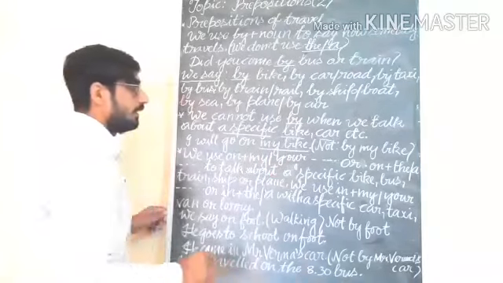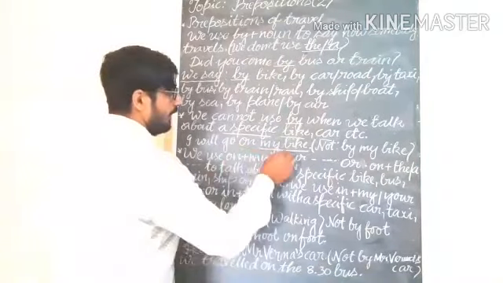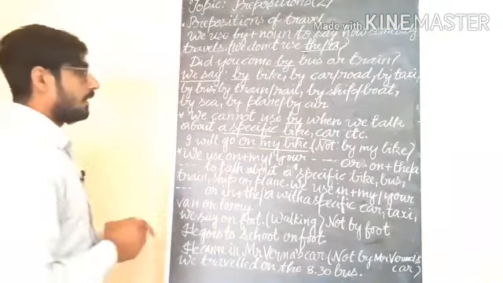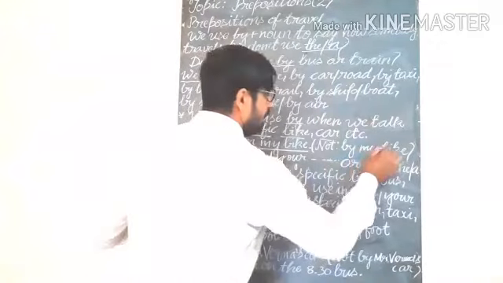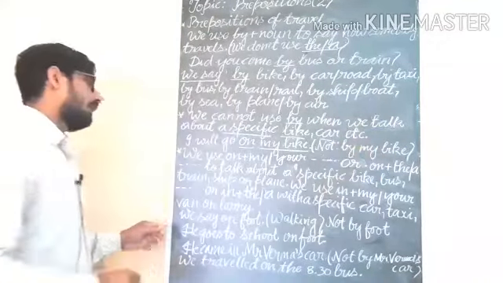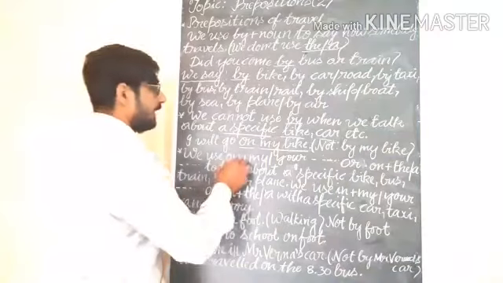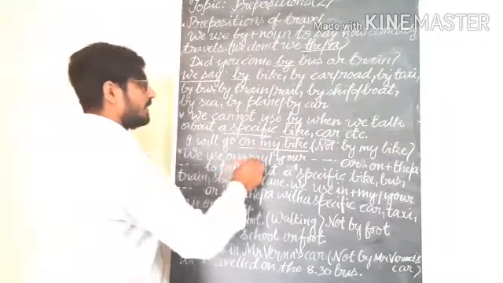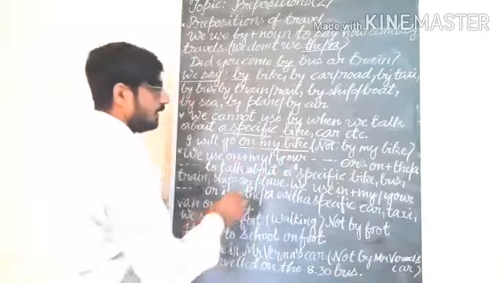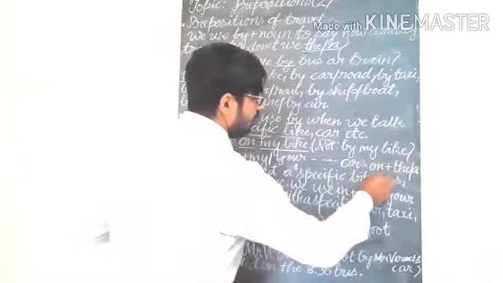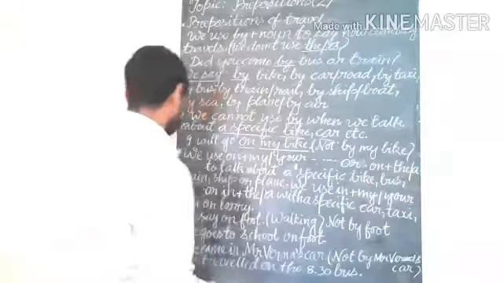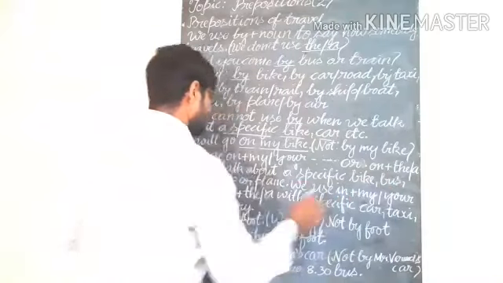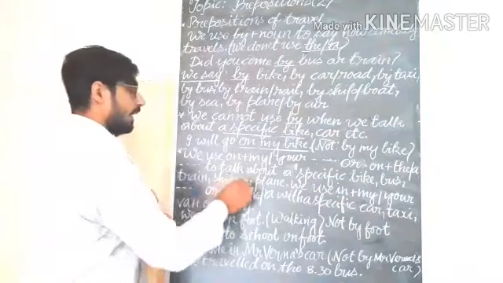Here we are using "on" with my bike, not "by my bike". You have the example here. We use "on" plus my or your, or "on" plus the or a, to talk about a specific bike, bus, train, ship or plane.